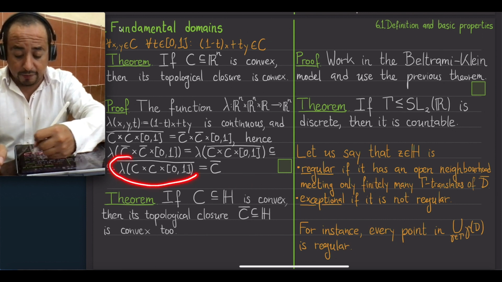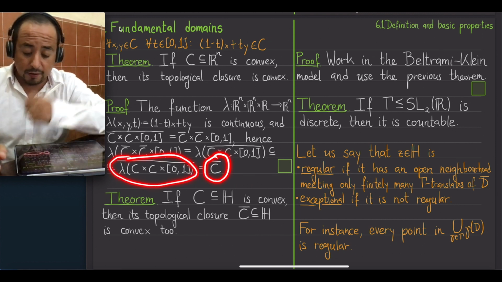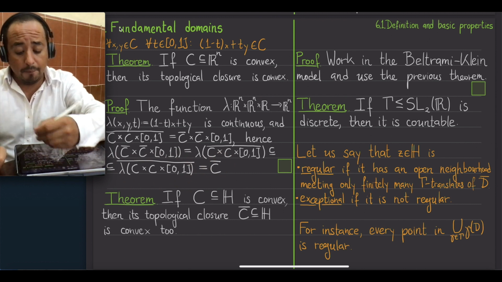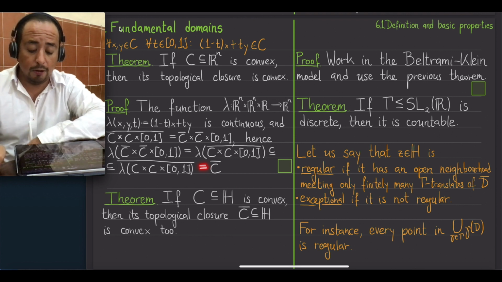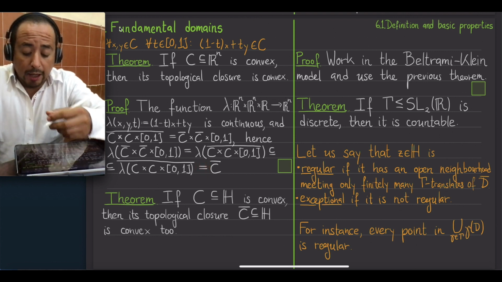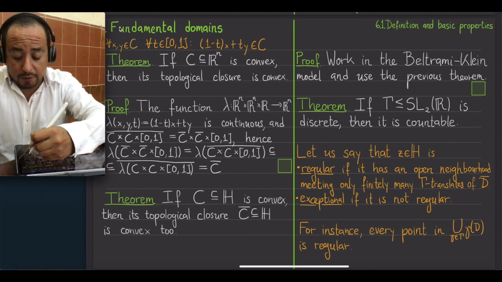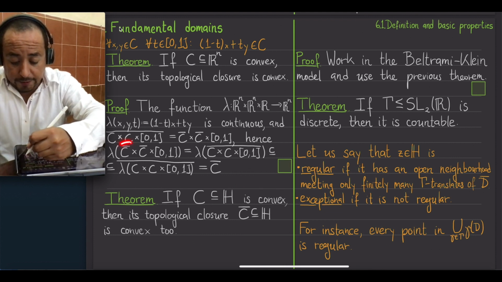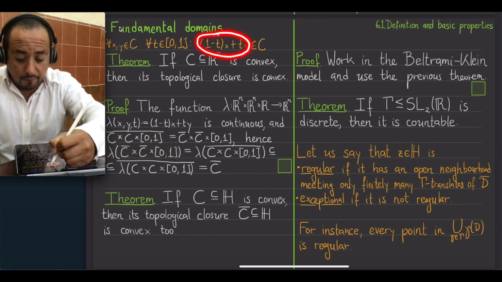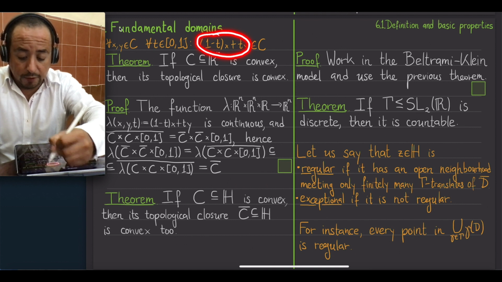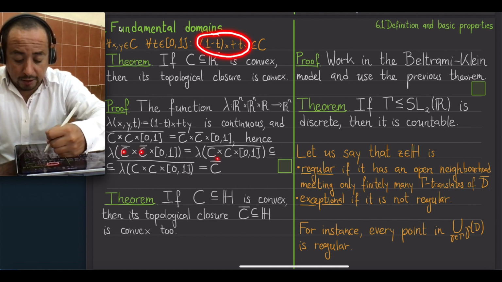But this is C bar, the closure of C. Of course, all I need is this, but I actually have equality, and we are done, right? Because this tells me that all the corresponding convex combinations of points of C bar are again in C bar.